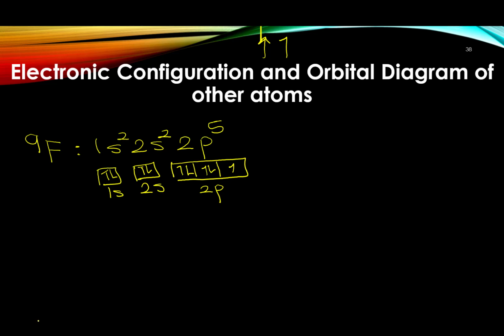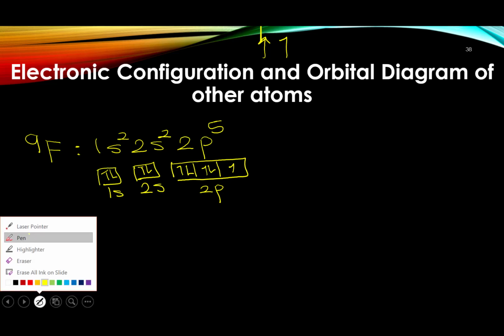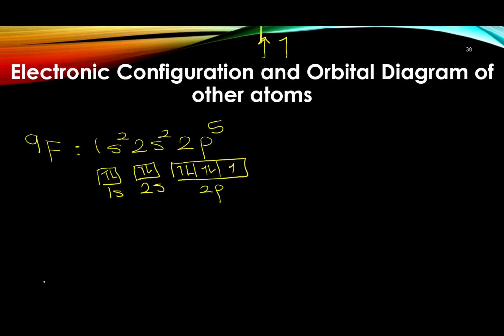Okay, now let's do it for one other atom. Let's do it for neon. Neon is 10. Okay, we go 1s2, 2s2, and 2p6, right? Then if you add up the electrons, it's 2 plus 2 is 4, 4 plus 6 is 10, and neon has 10 electrons.